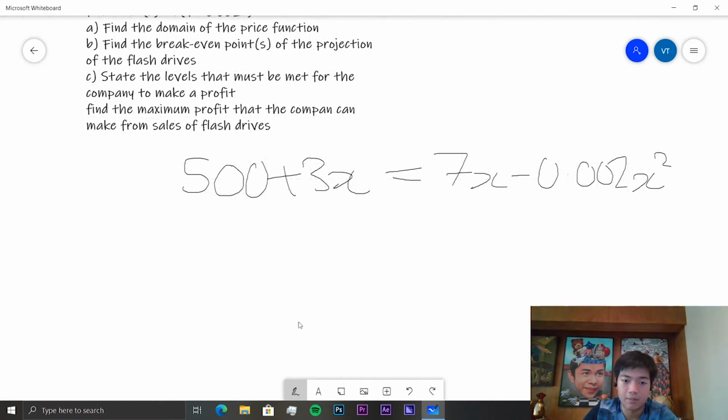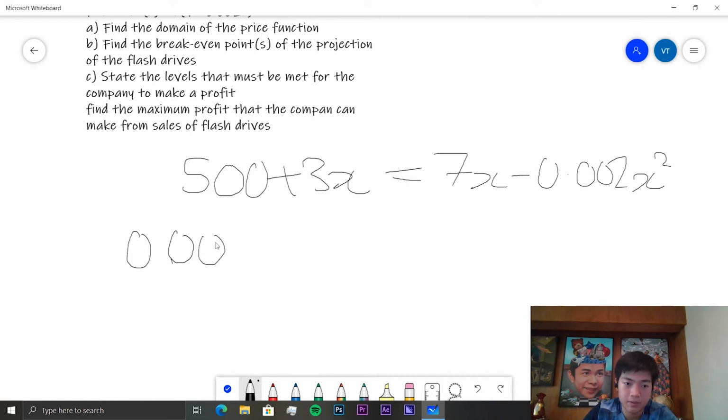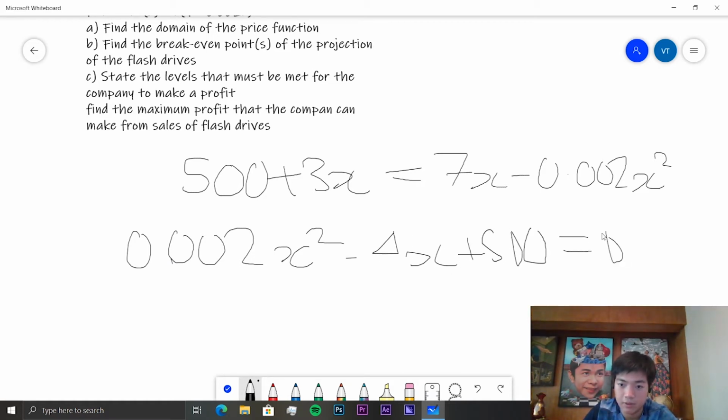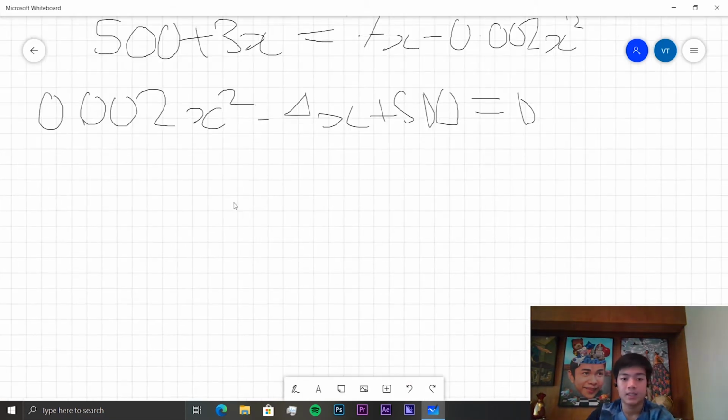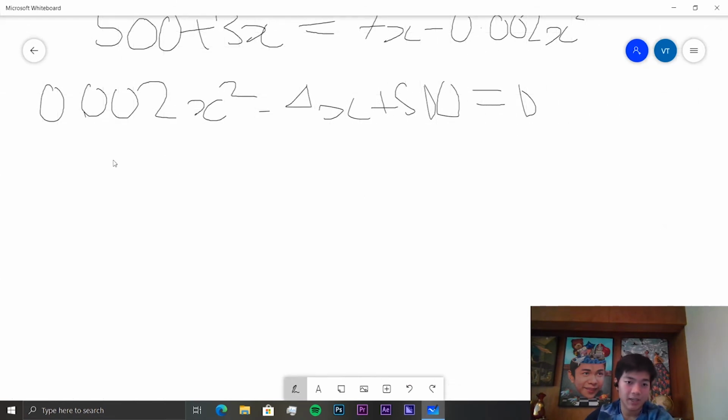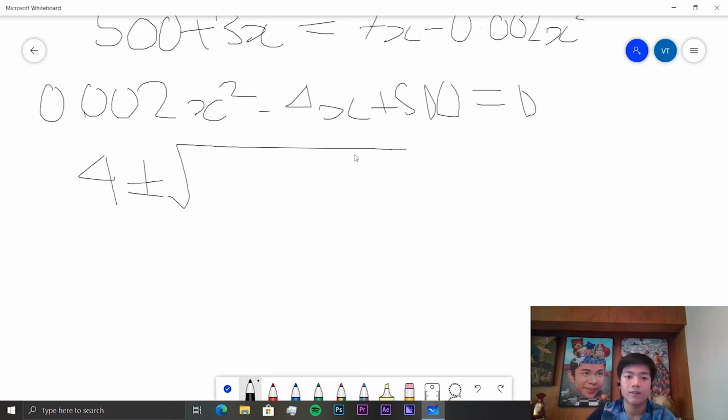So we get our break-even equation: 0.002x squared minus 4x plus 500 equal to 0. Let's plug it in into the quadratic formula.